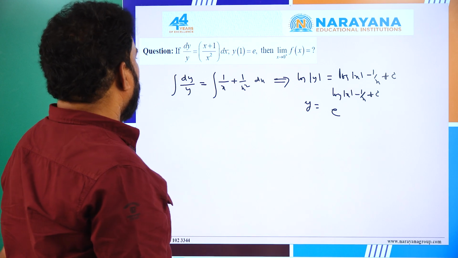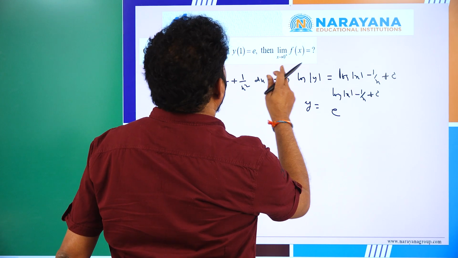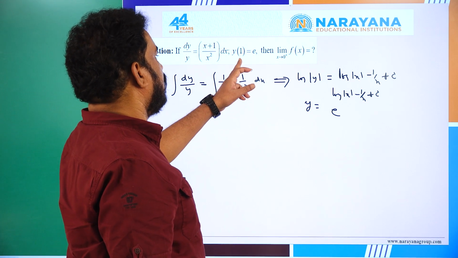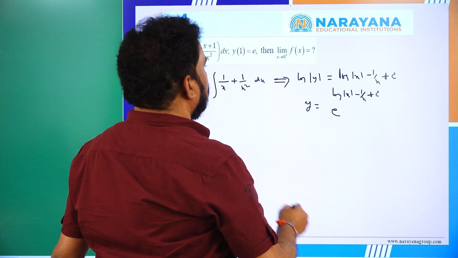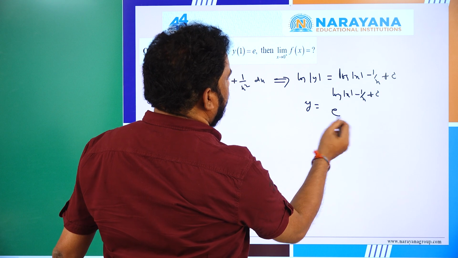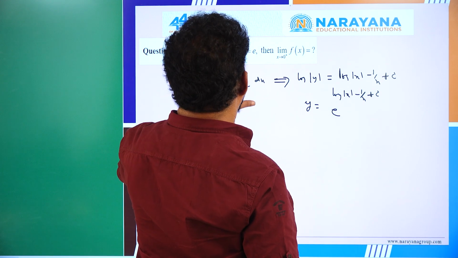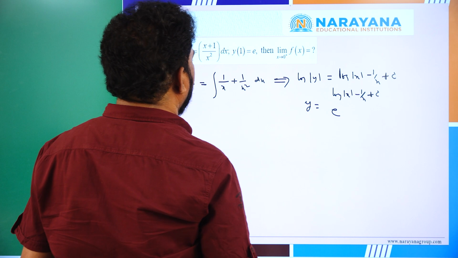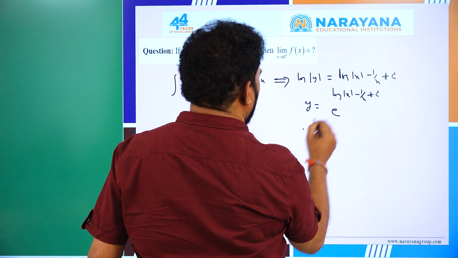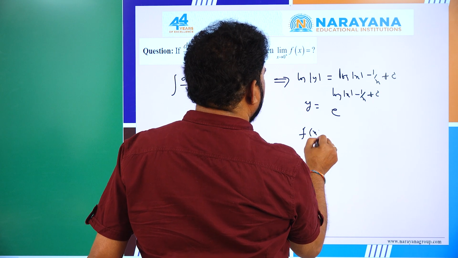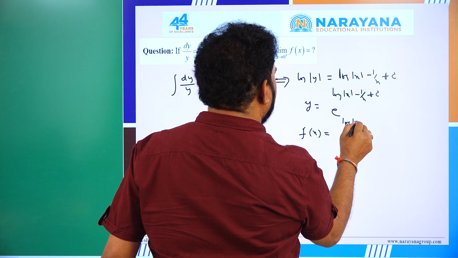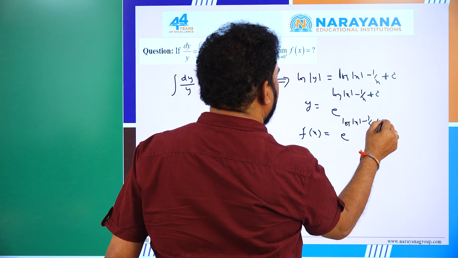Now they have given y of 1 is equal to e, that means x equal to 1, then y equals e. So directly you can write now limit x tends to 0 of f of x, this is f of x now. c is some constant now, e power (log mod x minus 1 by x plus c).